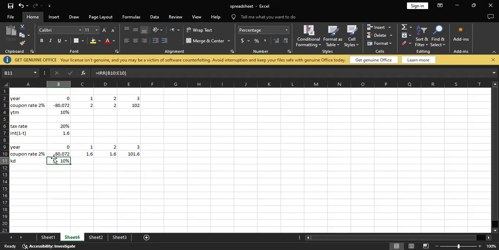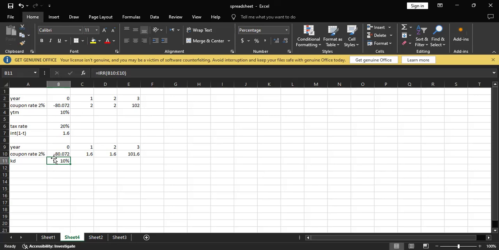The only difference between the YTM calculation and the cost of debt calculation is that you will just apply the IRR method, but you will take the interest pre-tax in the YTM calculation and after tax in the cost of debt calculation. Everyone clear, guys?